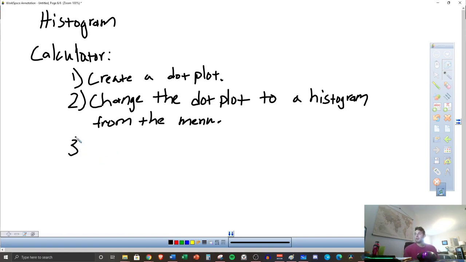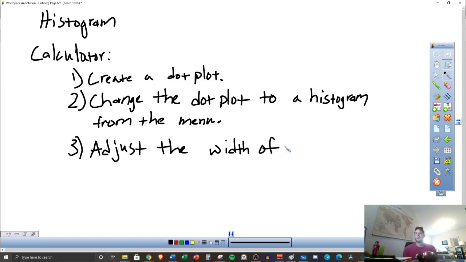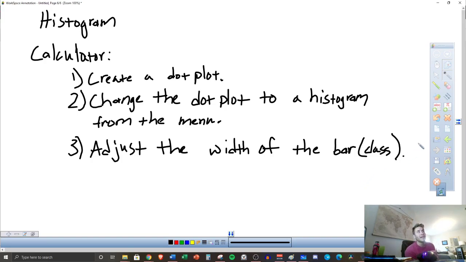So first off, we want to adjust the width of the bar, or as we'll call it, the class. Okay, so each one of those are classes, and if the number falls in that class, we add a point to that frequency of the histogram.